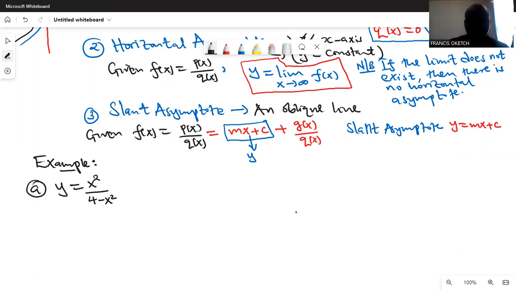So what we do, we start by finding the intercepts, followed by turning points, and then the asymptotes. So let's find intercepts. Number one, intercepts. So what is the x-intercept?